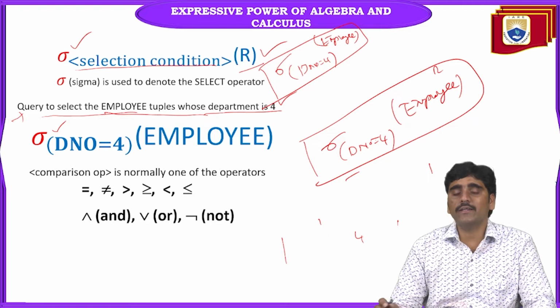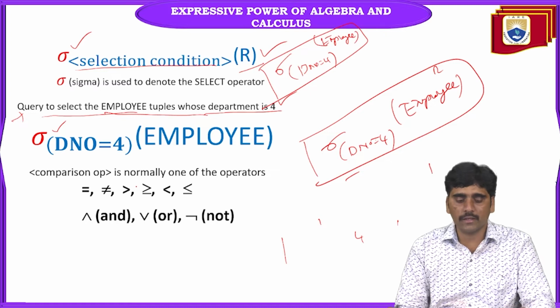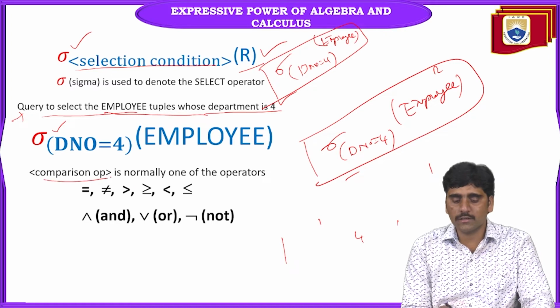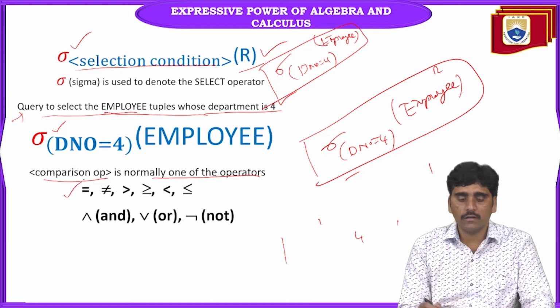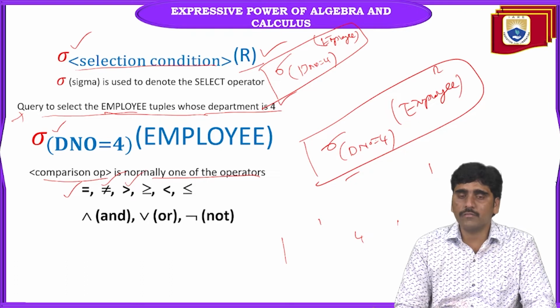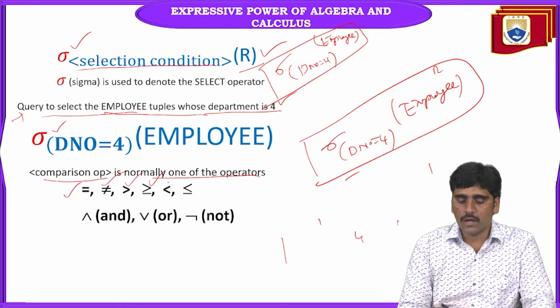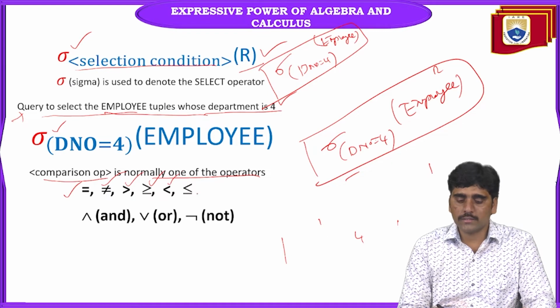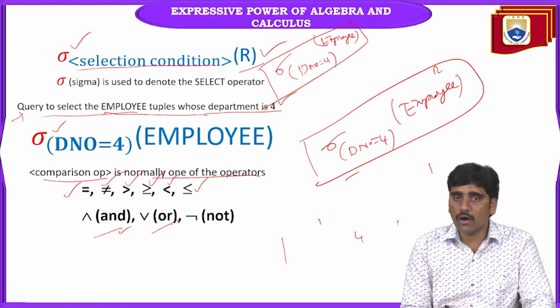When we are writing the unsafe queries, we have to use some different types of operators, like comparison operators. These are the equal operator, not equal operator, greater than operator, greater than or equal operator, less than operator, less than or equal operator, and the AND operator, OR operator, and NOT operator.